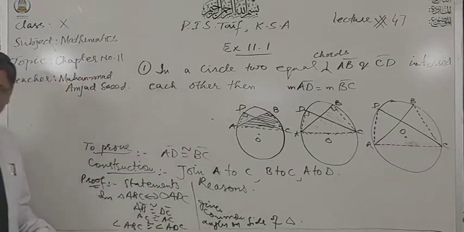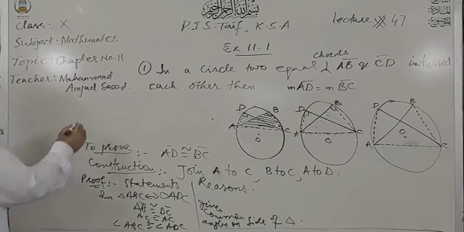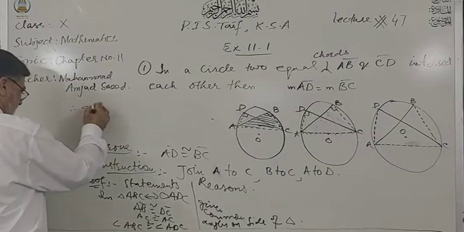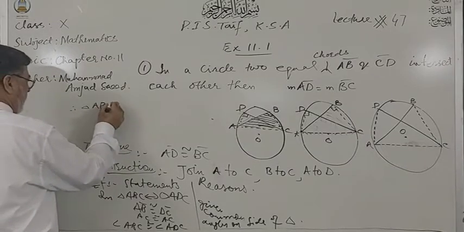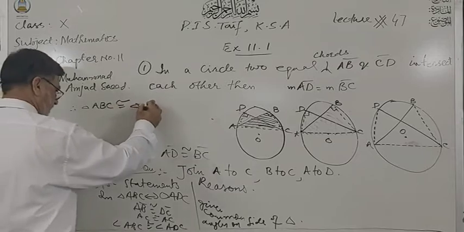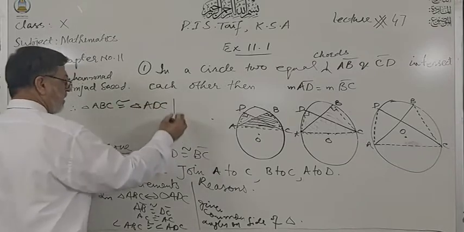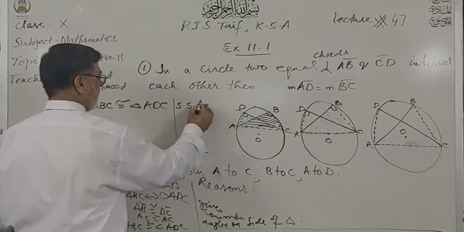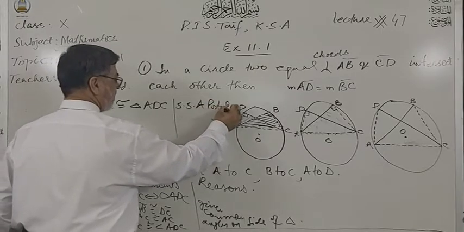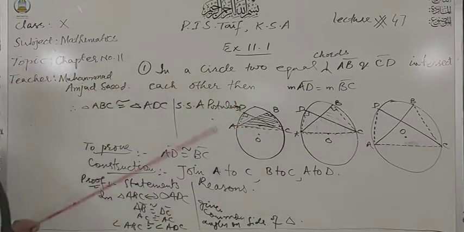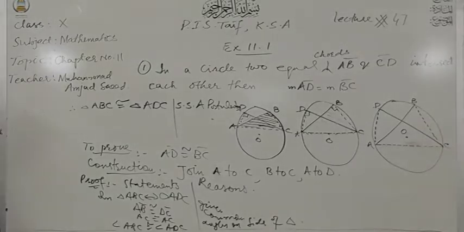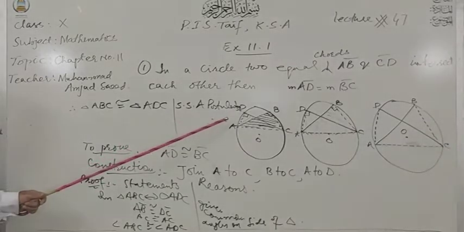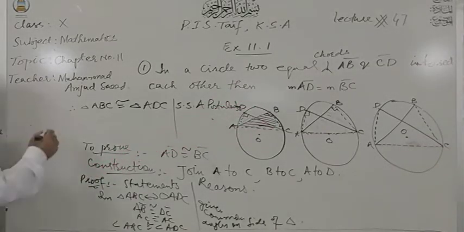Dear students, after that we have, therefore, triangle ABC is congruent to triangle ADC. You can have side-side angle postulate. If the two triangles are congruent, then their corresponding sides are also congruent.